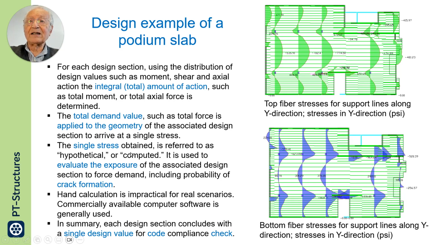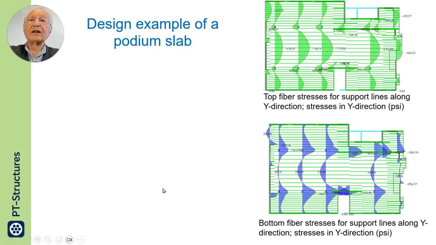We obtain a single stress. For hand calculation, it is impractical for real scenarios. It is too complicated. Commercially available computer software is used. In summary, each design section concludes with a single design value for code compliance.